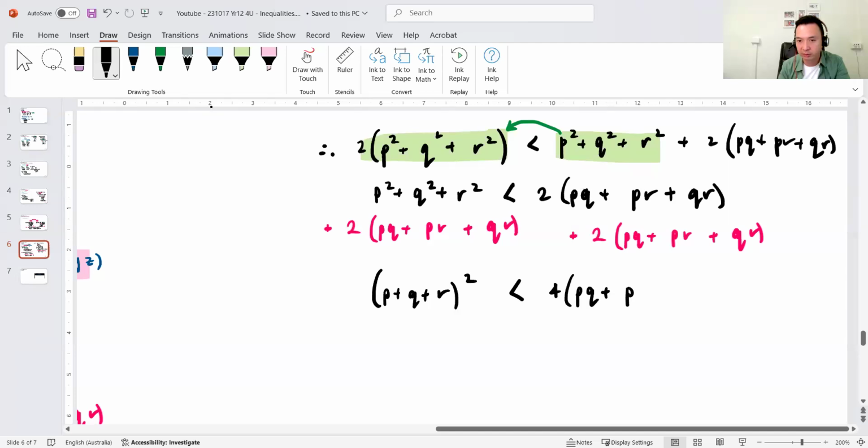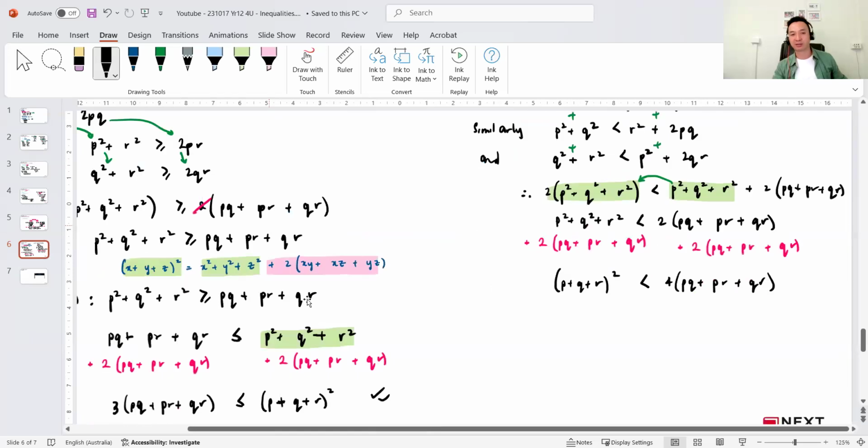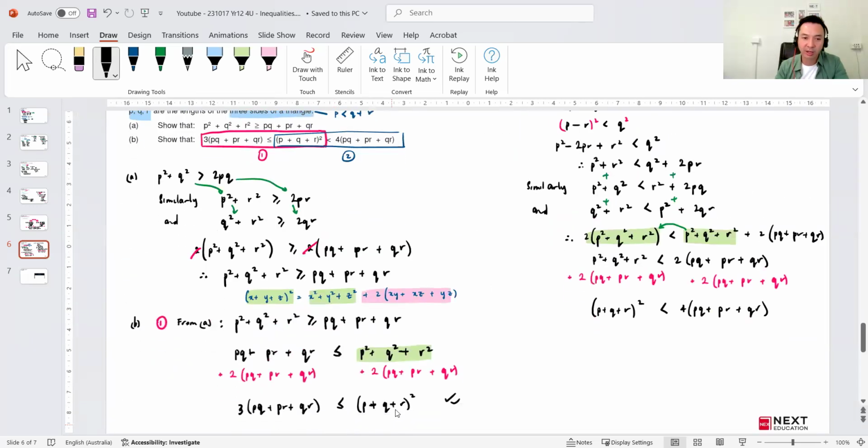Guys, right? And once you get that, we got 2 parts of the story and proven, right? So I've got, on one hand, I've got this guy is greater, so less than that. On the other hand, I've got the same perfect squares less than 4 of these. So then I could say, therefore, right? Let's put them together, right?